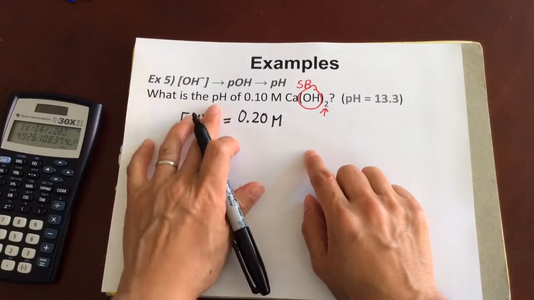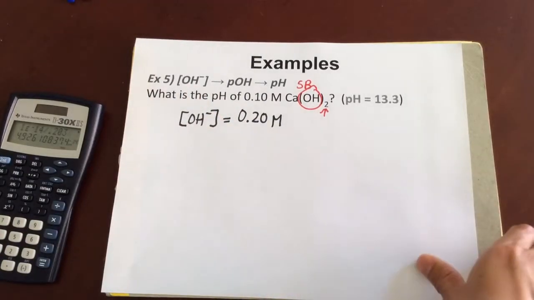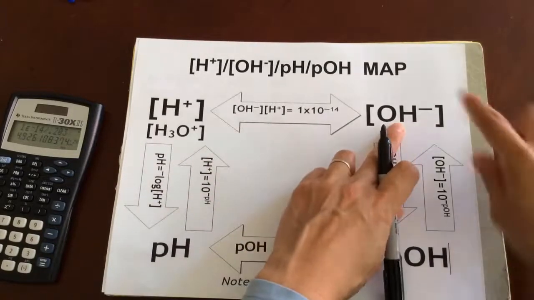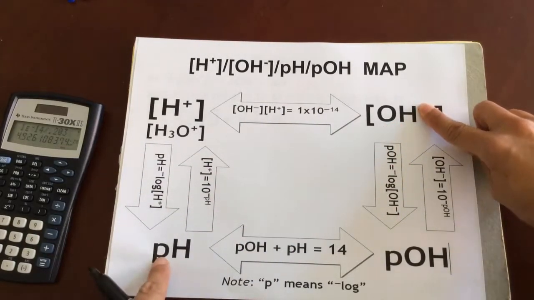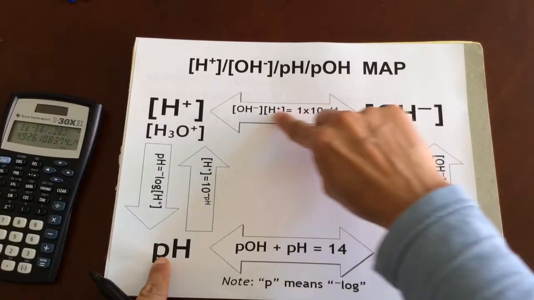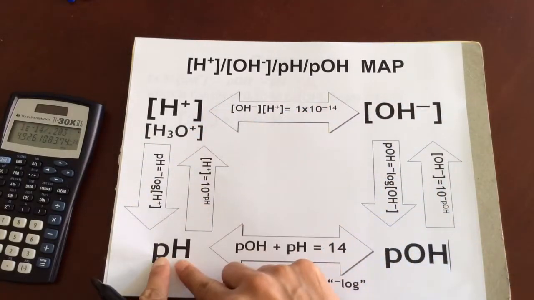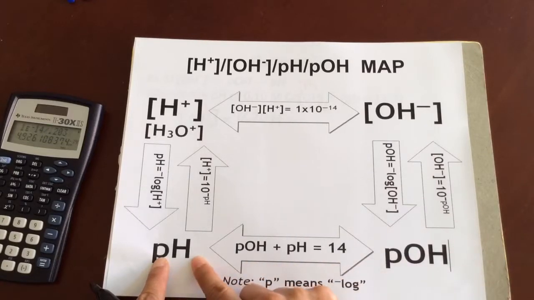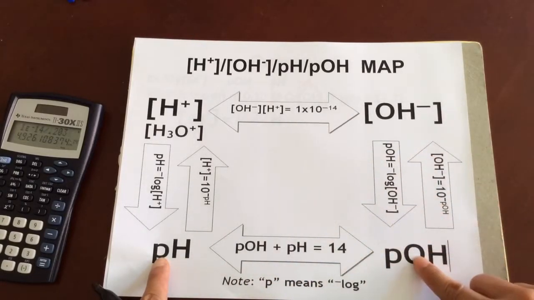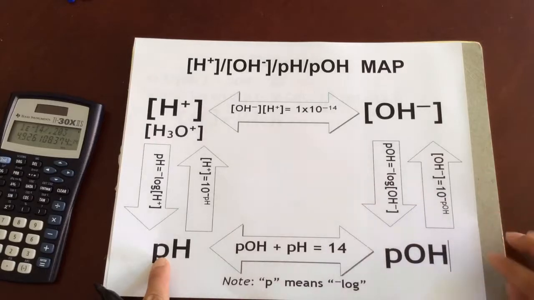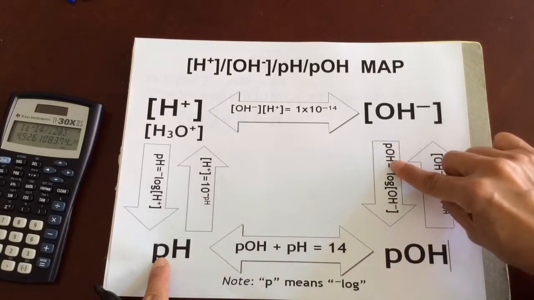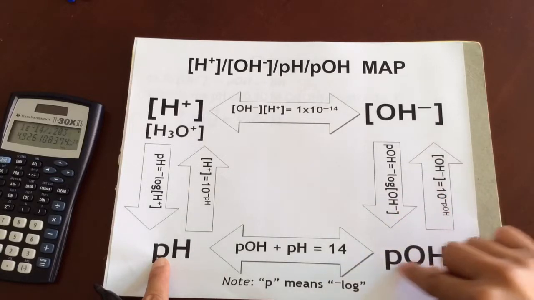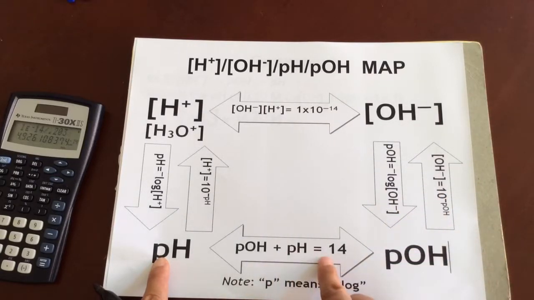And now I want to calculate the pH. So according to my map, once again, I have my concentration of hydroxide ions, but I want to get to this corner. I have 2 routes. I either go through this to get to the pH, or I go downward and go across this way. I actually think this way is going to be easier, calculation-wise, because all you're going to do is take the pOH, which is negative log of the OH concentration, and then subtract from 14 to get the pH in the end.